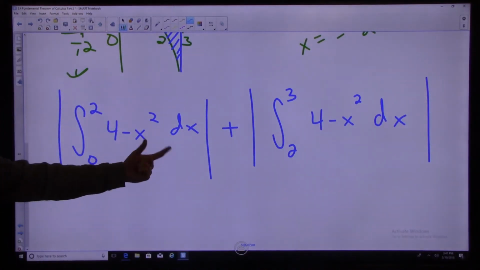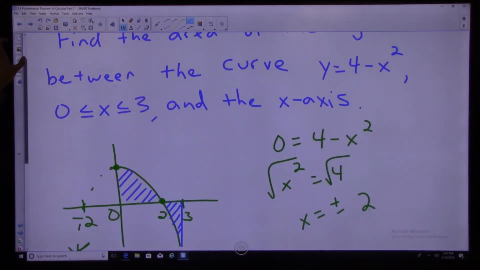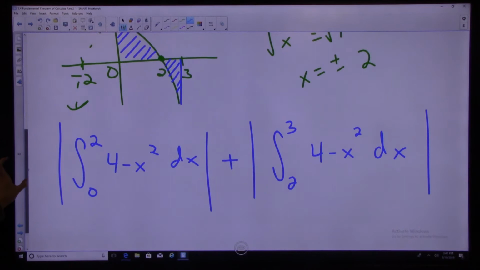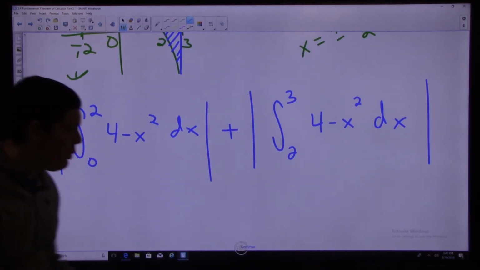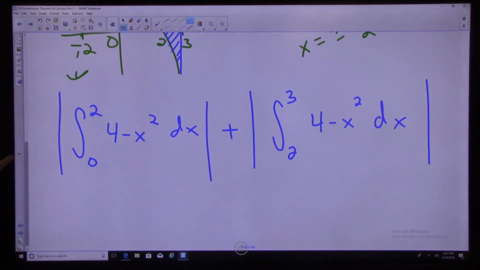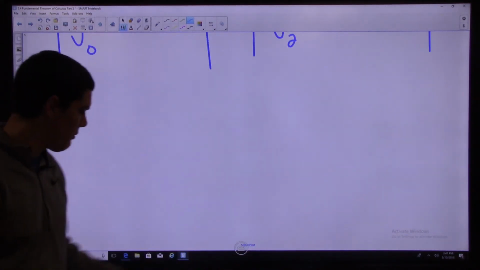Now, you probably don't need to write the absolute value here because if you look at the graph, you know it's going to give you a positive area right there from 0 to 2. So we don't even really need to worry about that absolute value. But we will have to take the absolute value of this area from 2 to 3 because it's going to be below the x-axis. Okay, so let's go and get rolling here.